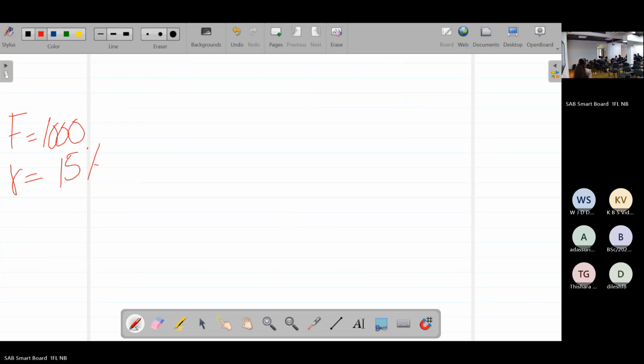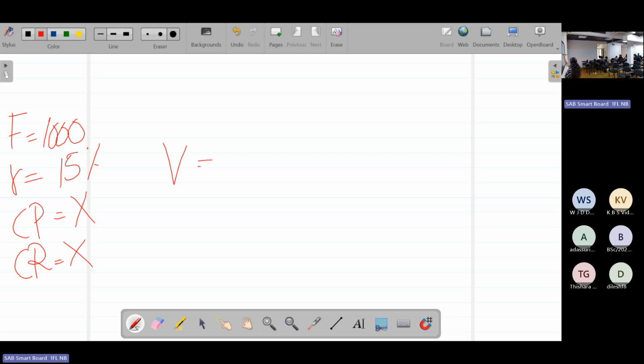Right. So then how can we value it? Do we have a coupon payment, CP? Yes or no? No, we don't have. Do we have a CR, coupon rate? No. Why? For the pure discount bond, we are not receiving coupon payments. Right. Value equals.